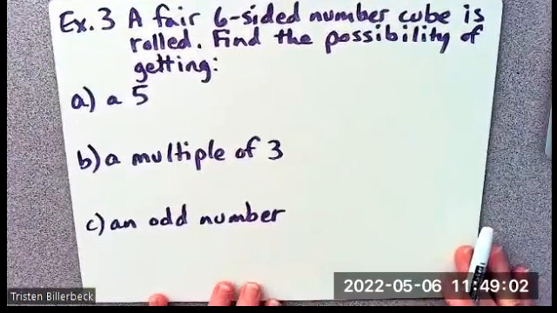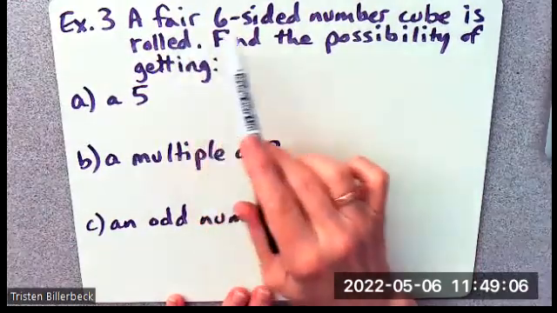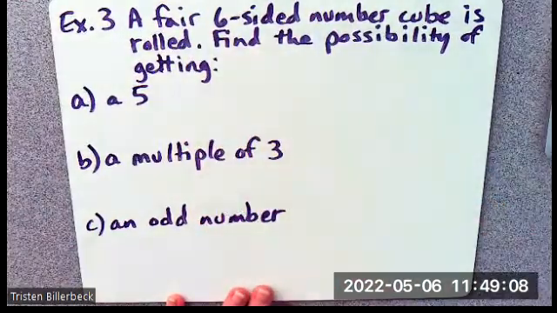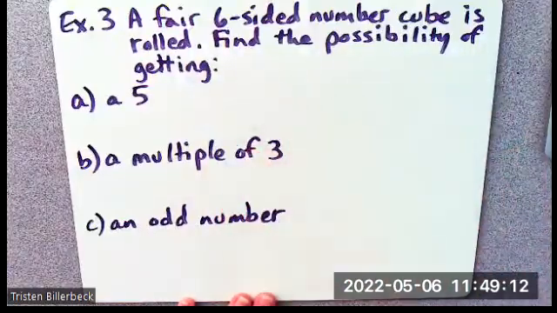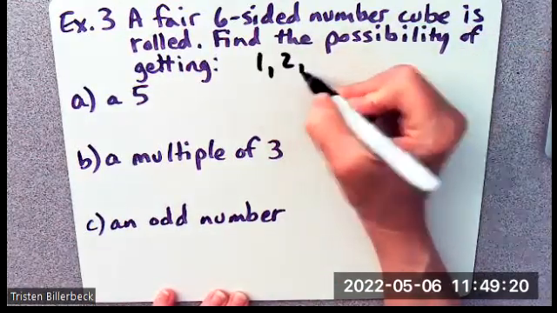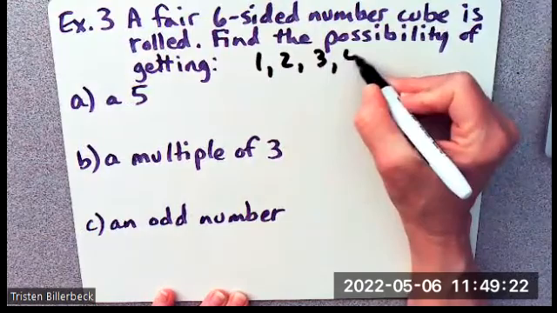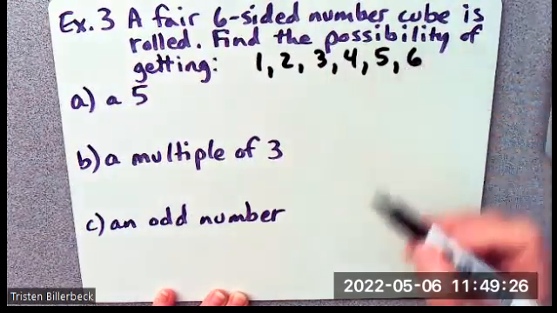All right, so we call dice fair 6-sided number cubes. So a fair 6-sided number cube is rolled. Find the probability of getting a 5. So our possibilities again are 1, 2, 3, 4, 5, and 6.